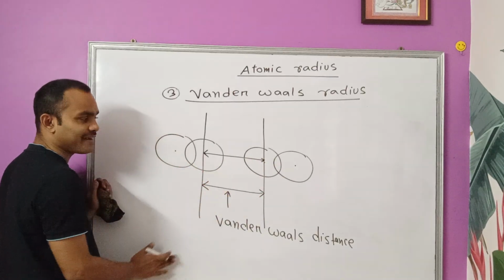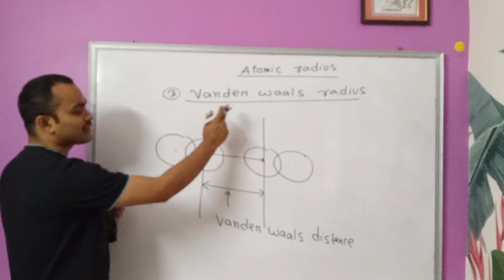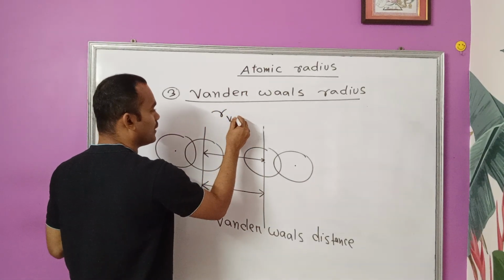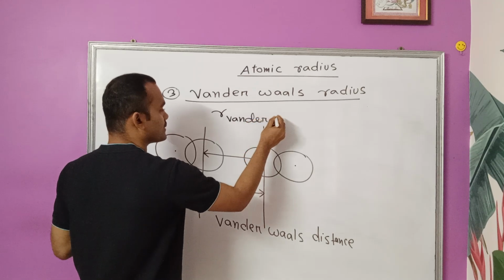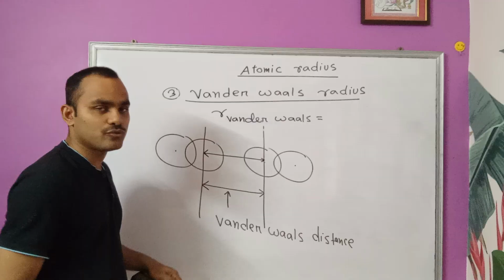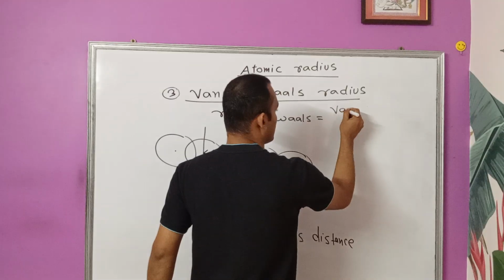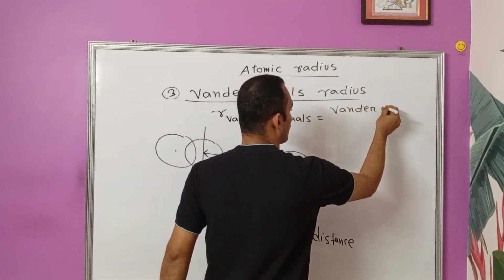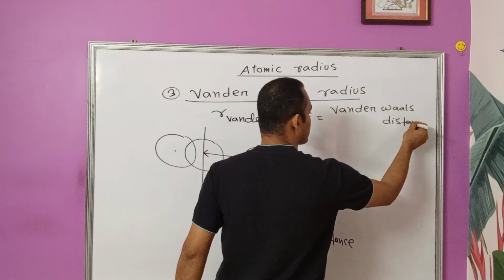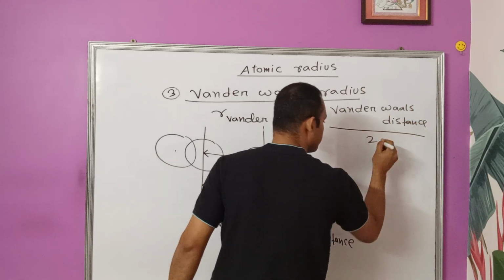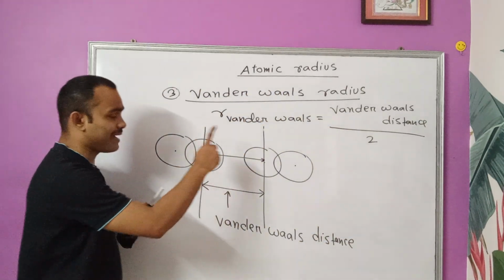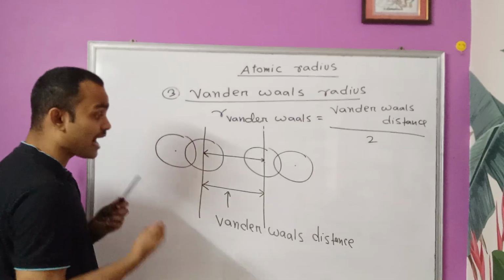Now the van der Waals radius, r van der Waals, is equal to van der Waals distance divided by 2. Clear?